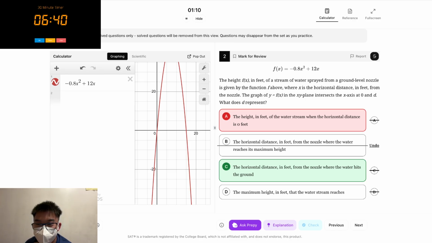Okay, so this one is in height where the horizontal distance is 0 feet. Okay, that's wrong. This is just the horizontal, not the height. So this is incorrect, no point.